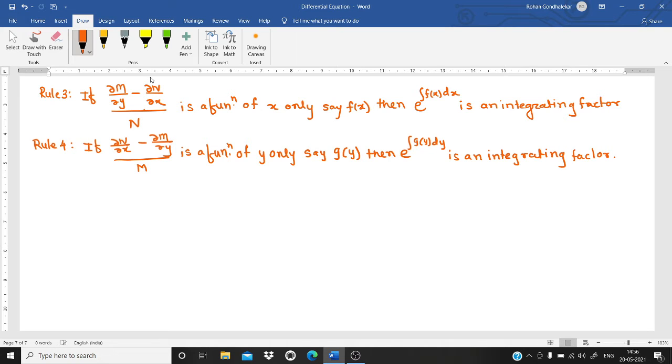Is this clear? So this is rule 3 and rule 4. When both the earlier rules fail, we follow either the third or the fourth. So let's come up with one example.